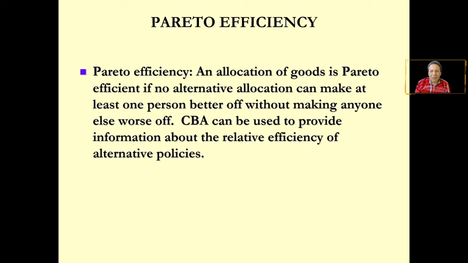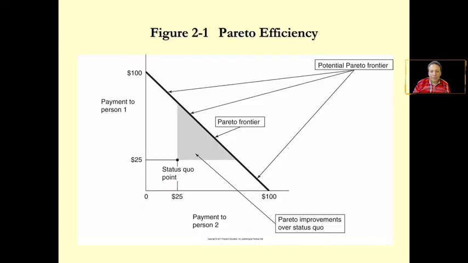So the same number of people are going to benefit if we choose path A for the HS2 or path B. If that happens, it's because these two projects are Pareto efficient. They are benefiting the same number of people. So CBA can be used to provide information about the relative efficiency of alternative projects. And that is what we want to know.